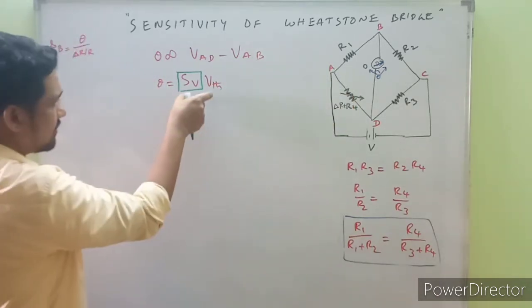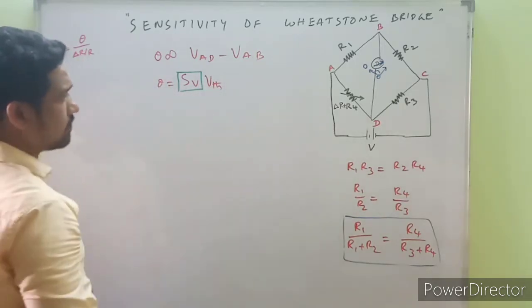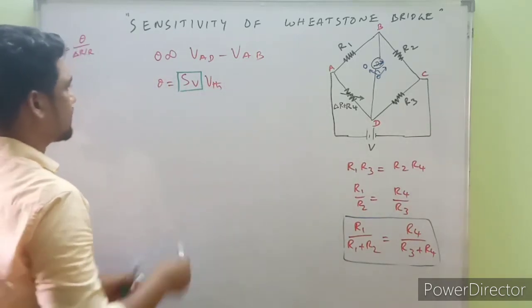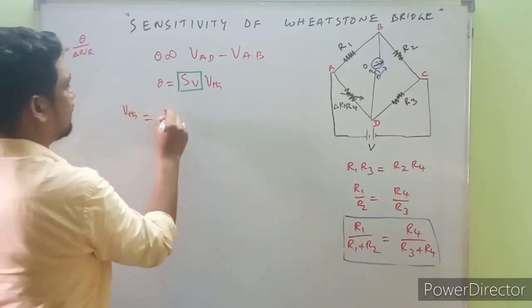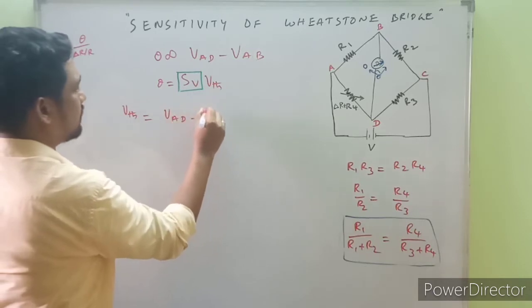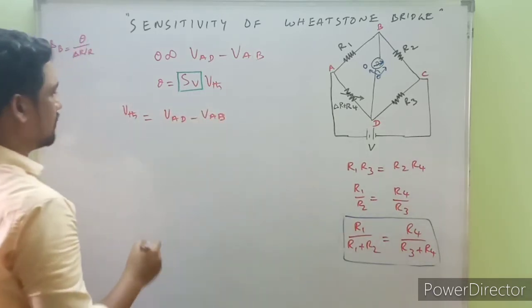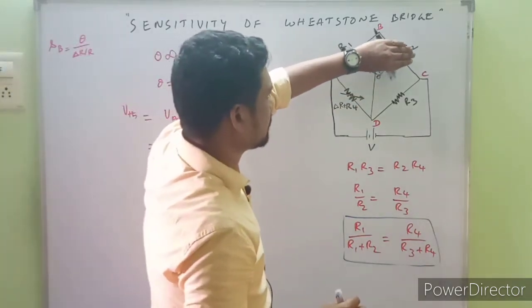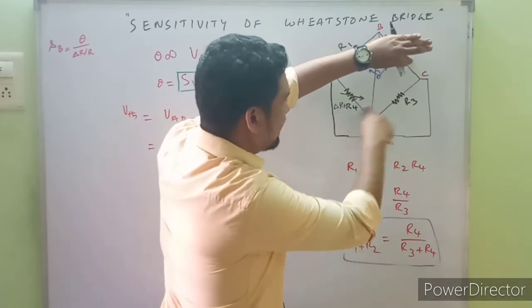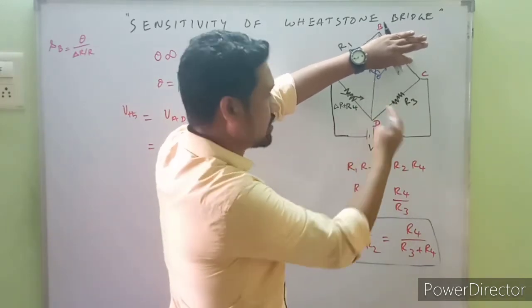So we need to evaluate this, and then substitute back into the expression. Evaluating VTH, VTH is given by VAD minus VAB. Please follow. So what is VAD? Close the upper portion away and focus on these two, which are in series. Don't bother about the little current, which can be neglected.